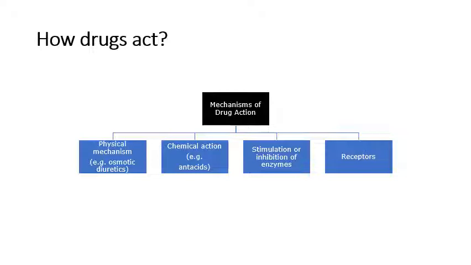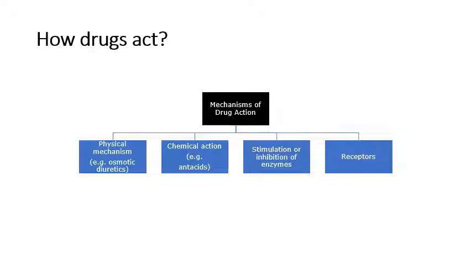And by the way, when we say diuresis, it means that the drug will enhance the loss of fluid, or increase excretion of fluid from the kidney. Osmotic diuretics like mannitol: mannitol has large molecules that escape through glomerular filtration and accumulate in the renal tubules.